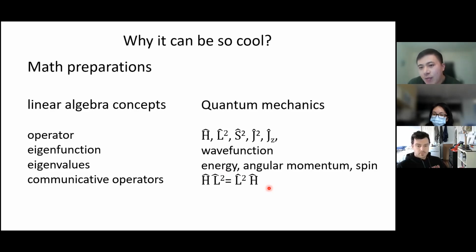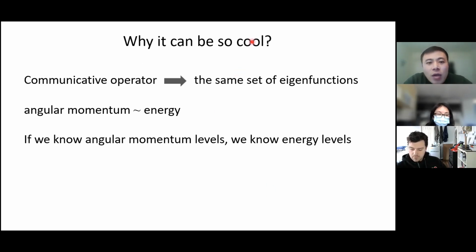But for operators, they have a significant amount of meaning if they're commutative. Commutative operators means these two operators share the same set of eigenfunctions. So I want to say it again. If two operators are commutative, then they share the same set of eigenfunctions. And this is very powerful. We'll see why. And the second part is in associating or deriving the atomic term symbol.